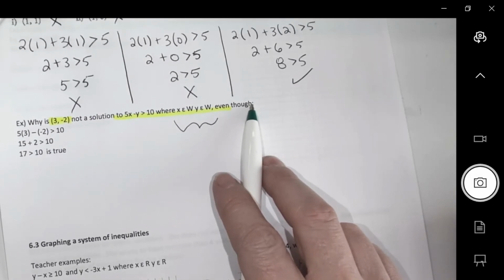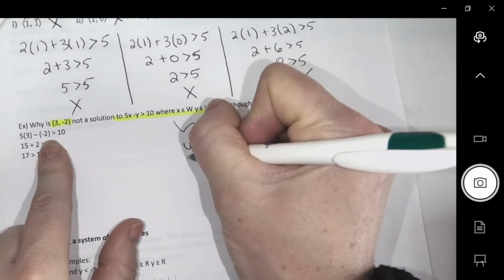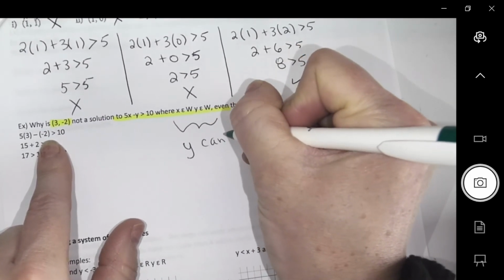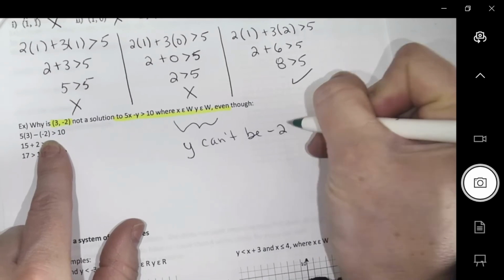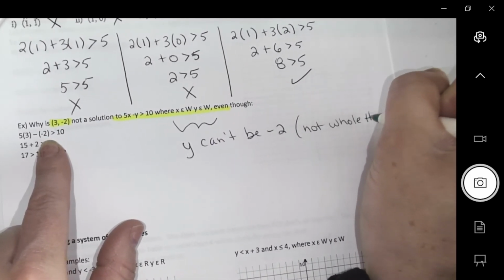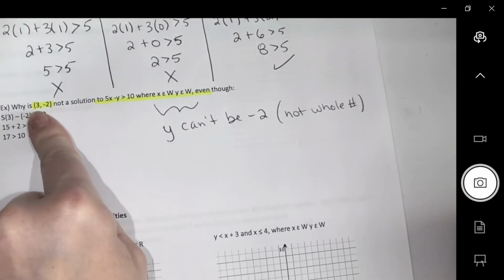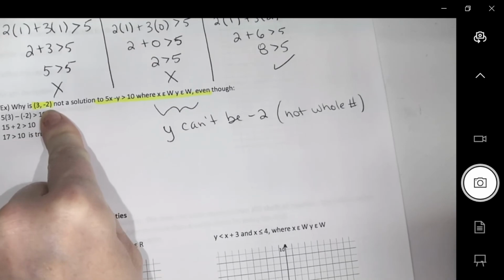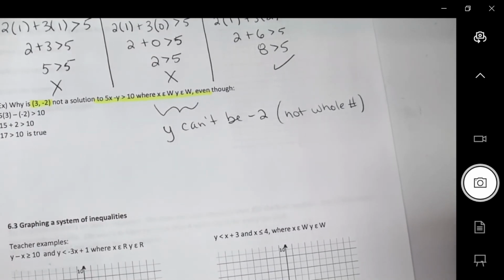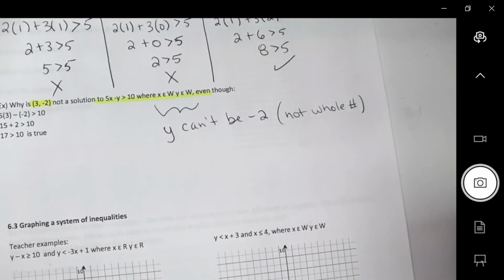They're 0 and up. So the reason it can't be a solution is that I can't include it if y is -2. Because it told me that x and y had to be whole numbers.